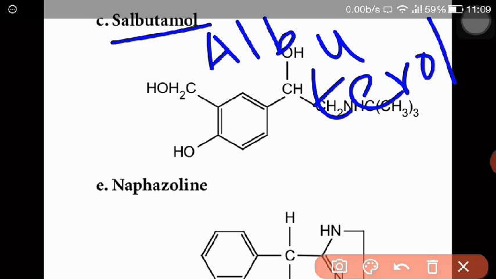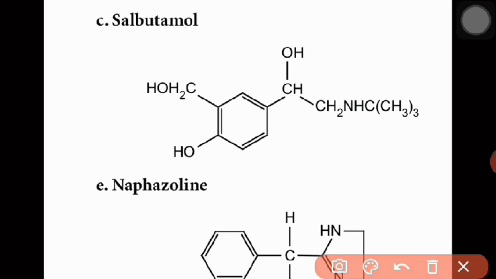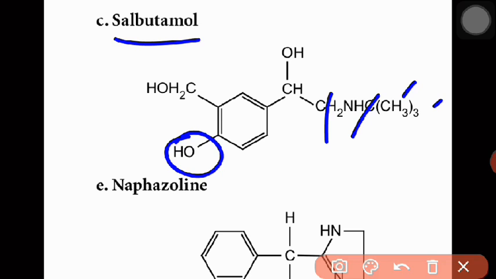It is also called albuterol. And the chemical name is given like it has a dimethyl ethyl amino methyl group, and then 4 hydroxy benzene dimethanol.